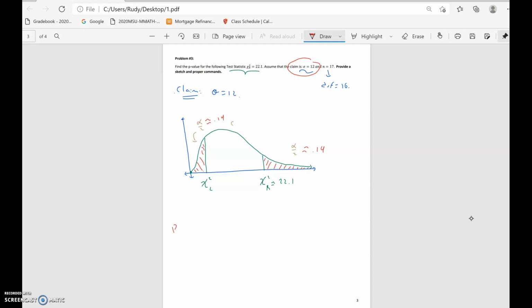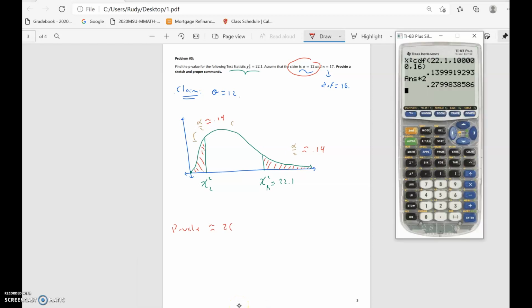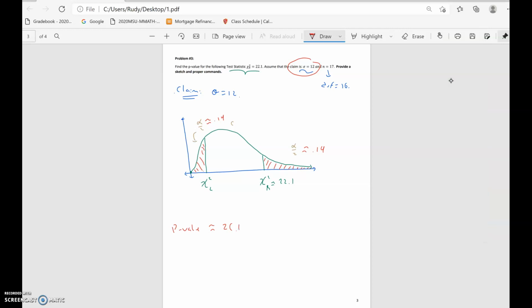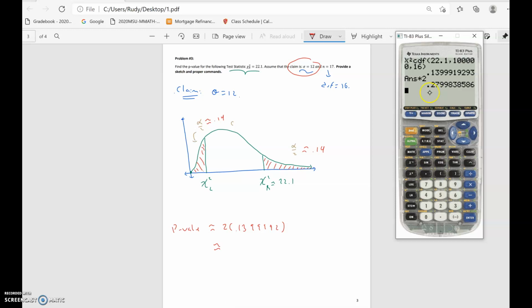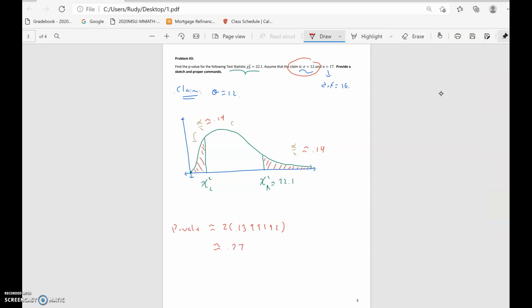So your p-value is going to be approximately 2 times, and let me just write the value from the calculator, 0.13999 and then a 2. I'm just going to go a lot of decimal places. So 0.13999 1, 2, 3, 4, and then a 2, which is going to give us an approximate p-value of 0.27998.